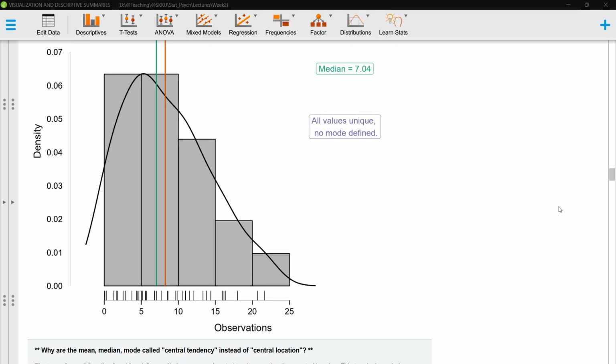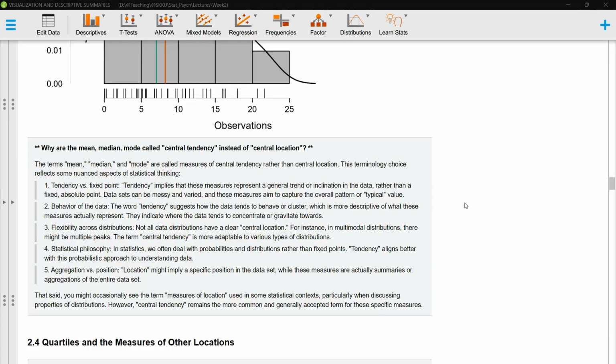We have looked at the three different central tendency measures. Now we need to look at other types of measures of location instead of the measure of central location. And before we go to the next part, there are some explanations of why the mean, median and mode are called central tendency instead of central location.